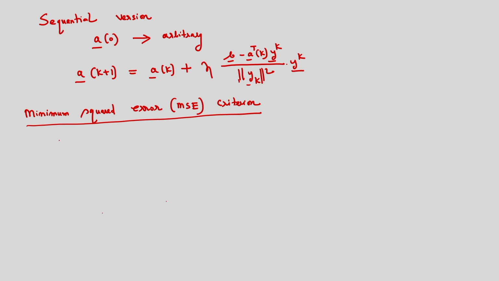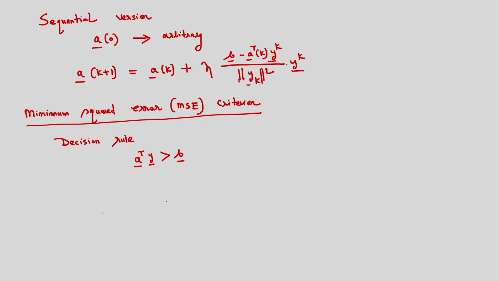Now the decision rule that we obtained previously: A transpose Y should be greater than B, where B is the margin. If this condition is satisfied, then Y will be properly classified.